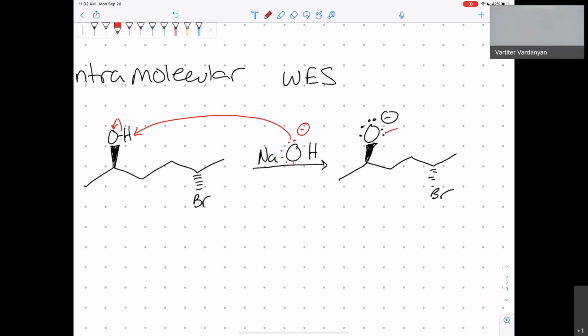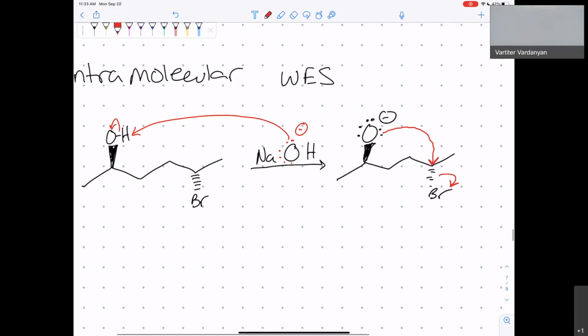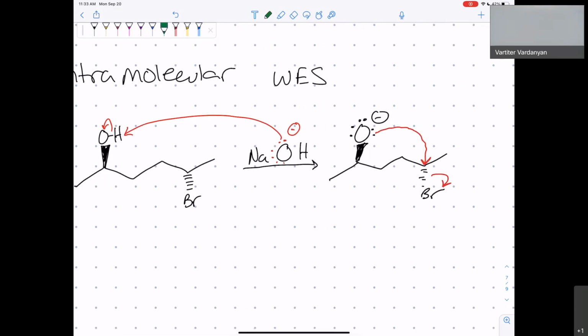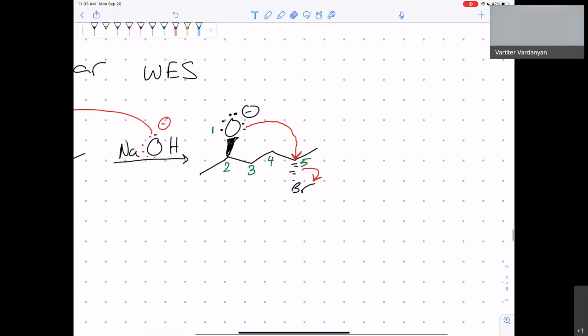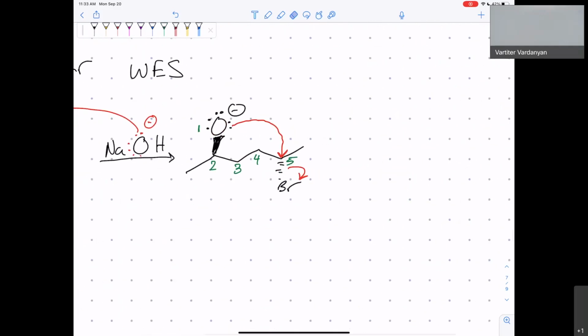And this is where counting is super, super important. So I'm going to start at the oxygen, because we have a 5-membered ring with oxygen inside of it. I just start at the oxygen to remind myself that the oxygen will not be coming off.